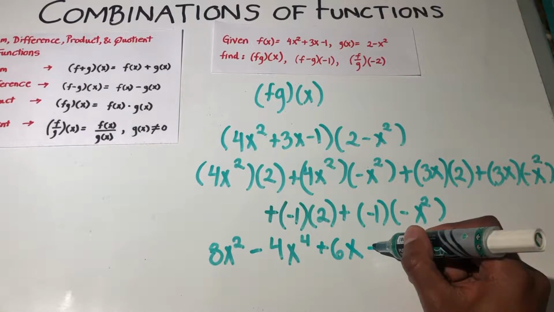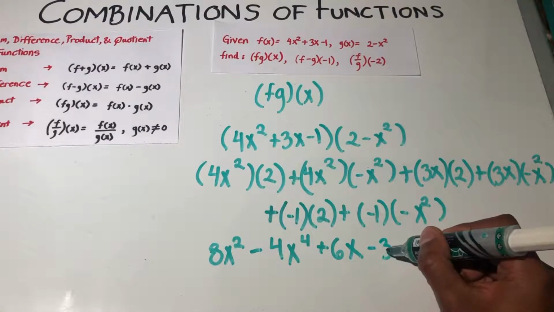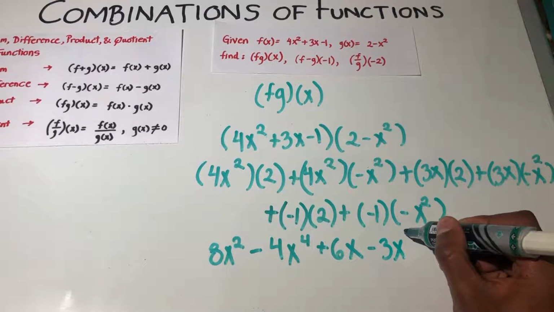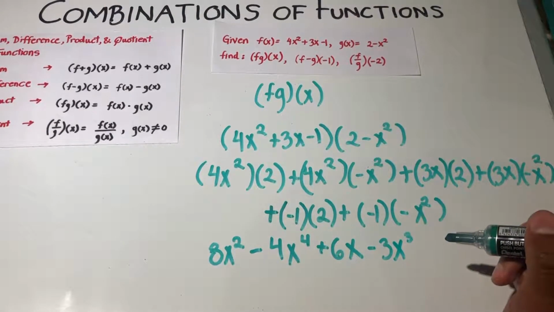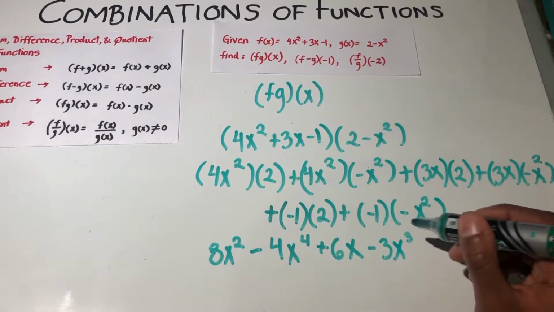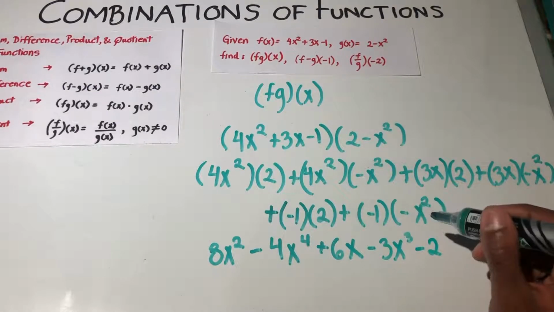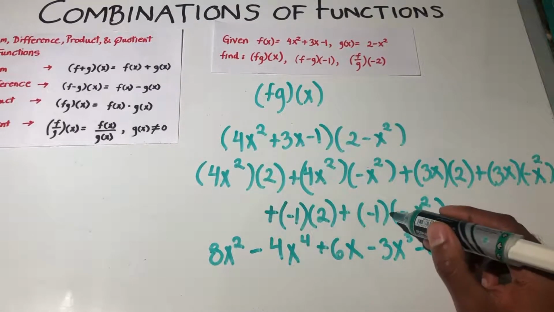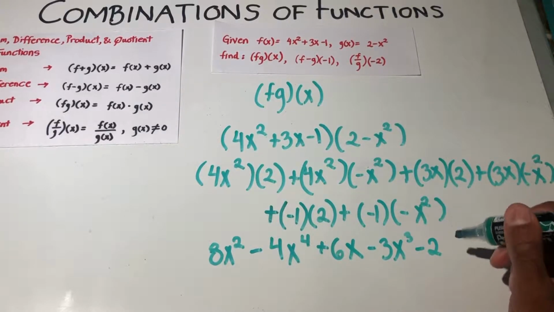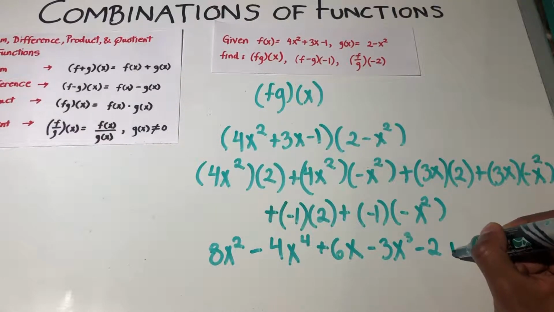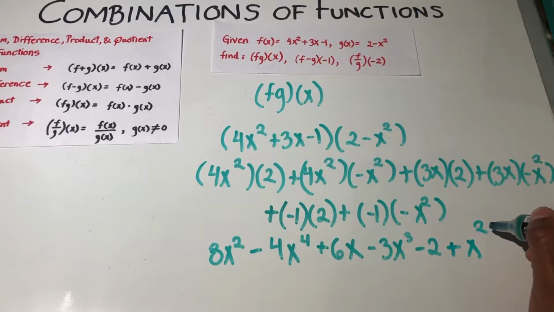So it's going to be a negative here. 3 stays, and then x becomes to the power of 3. And we have plus negative 1 times 2 is going to give us negative 2. And then we have negative 1 times negative x squared. Negative and negative is positive. Positive with positive is just going to be positive. So plus x squared.